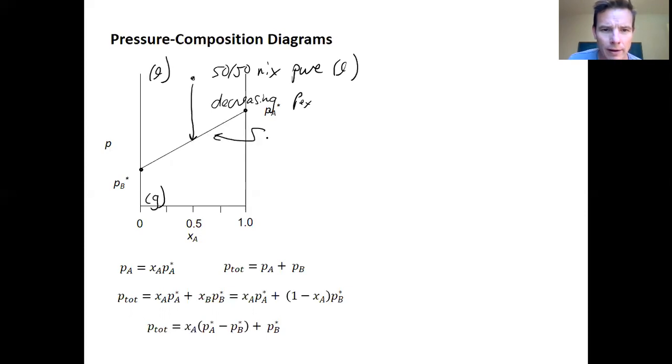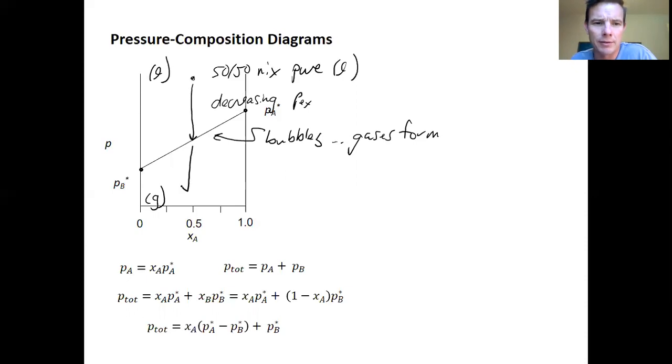So right at this point, bubbles, because gases are forming. This line is sometimes called a bubble line, because this is where these are in equilibrium. If you continue decreasing the pressure, you will vaporize the entire system, and down here then we get pure gas.